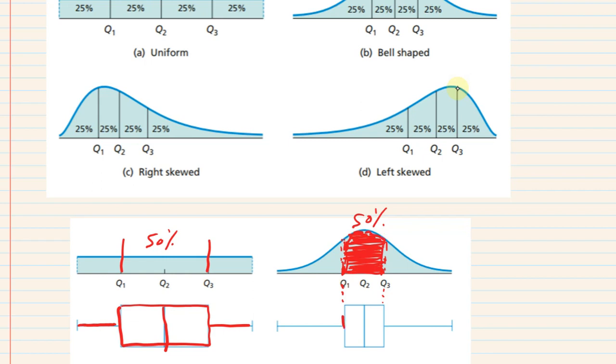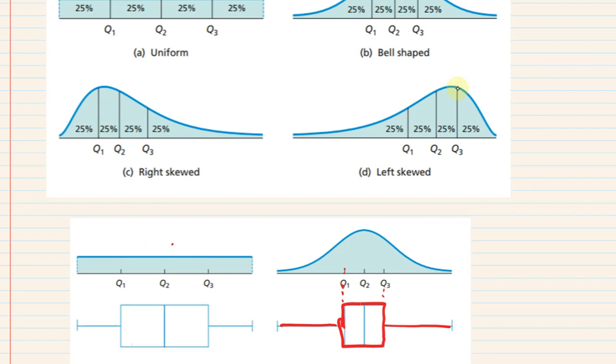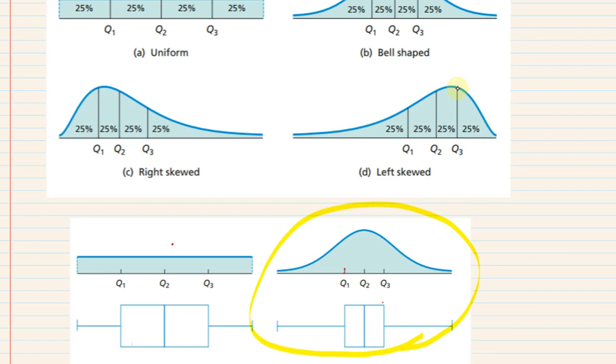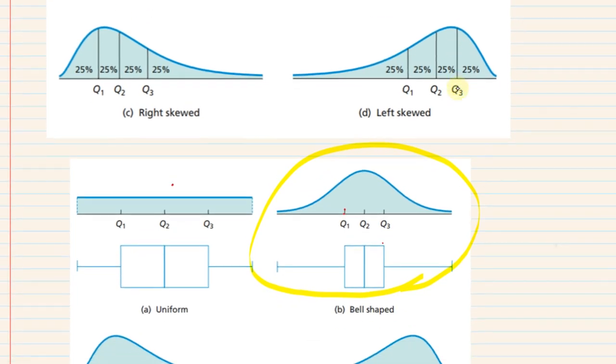That's why the box has a narrow width, and the whiskers are longer here. That is the box plot of a normal distribution. So again, the takeaway, what I want you to remember, is what you see in here. That's what we want to keep in mind as we go forward.